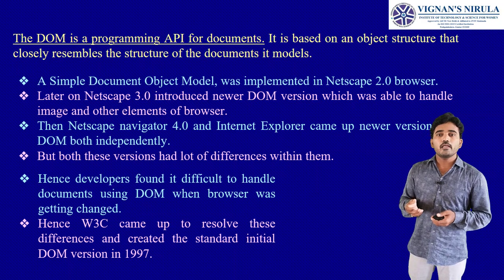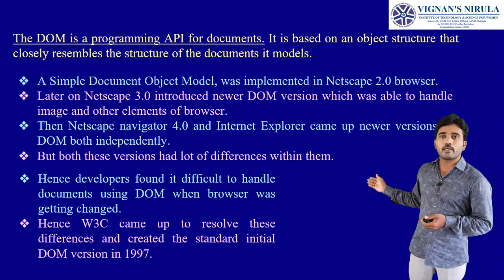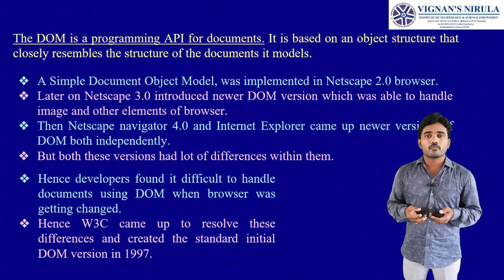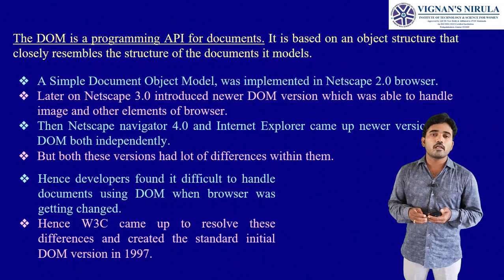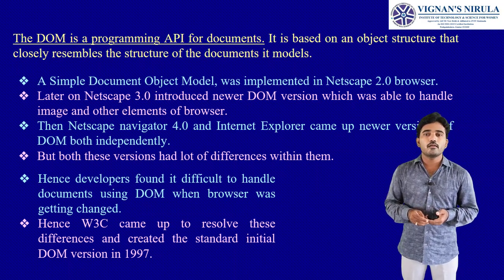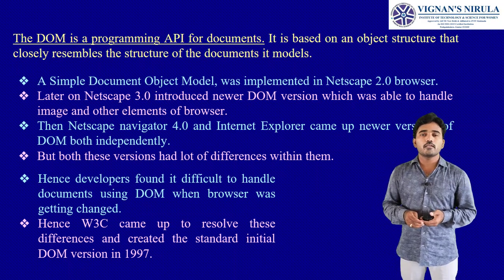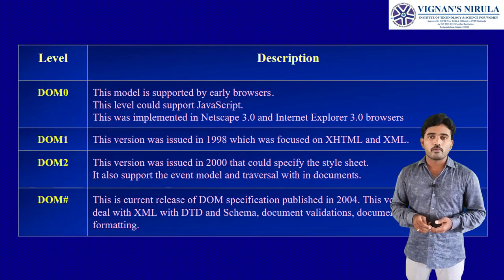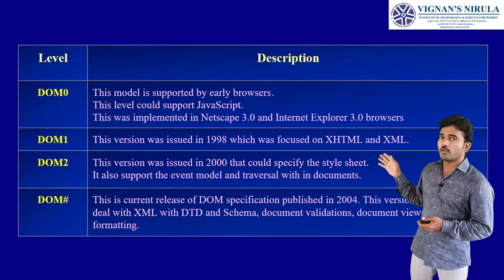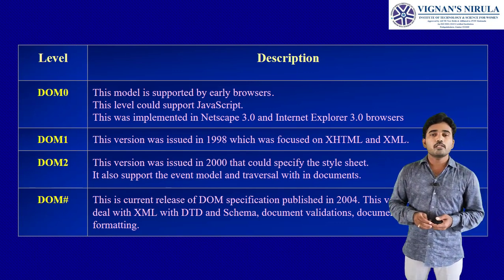So finally in the year 1997, W3C came up with a new version of the Document Object Model to resolve all the differences in the previous versions of DOM, and created a standard initial version in the year 1997. Understood? So now we will discuss the levels of DOM. How many levels of the DOM are there?